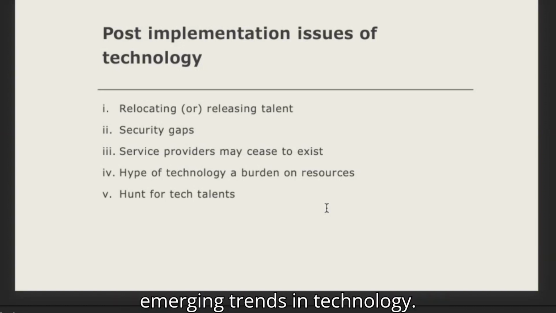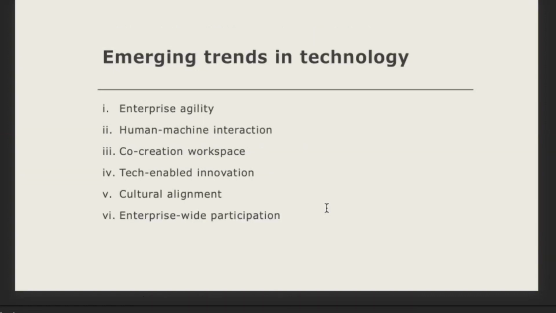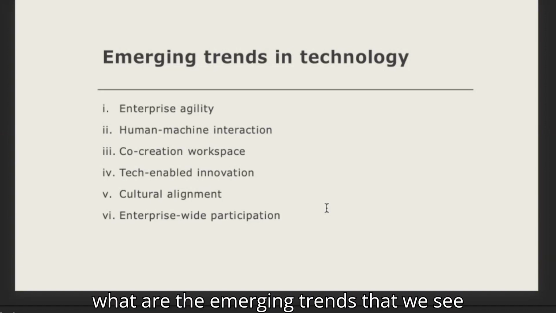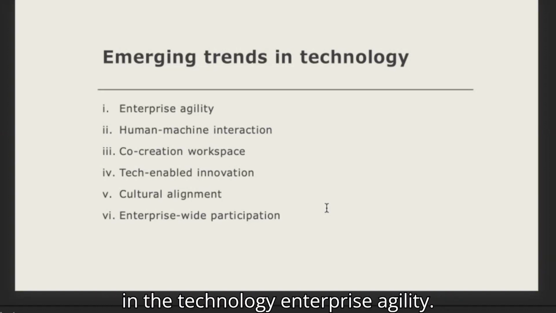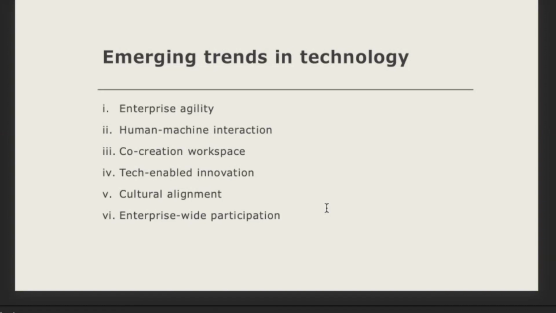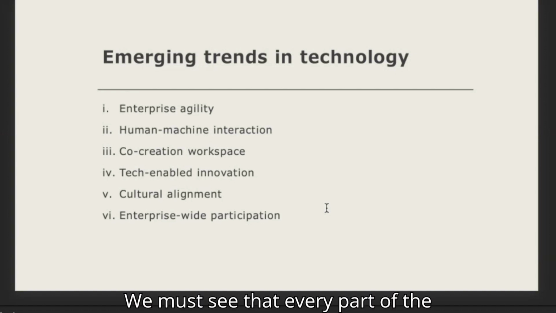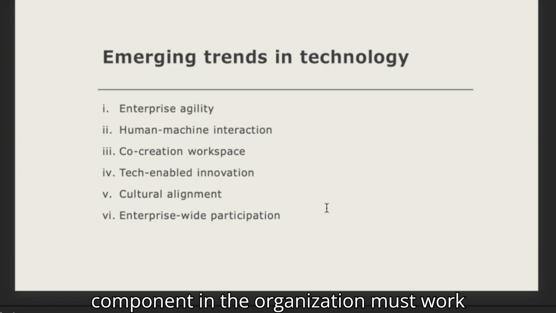Now the emerging trends in technology. So what are the emerging trends that we see in technology? Enterprise agility. We must see that every part of the organization, every component in the organization, must work in union.